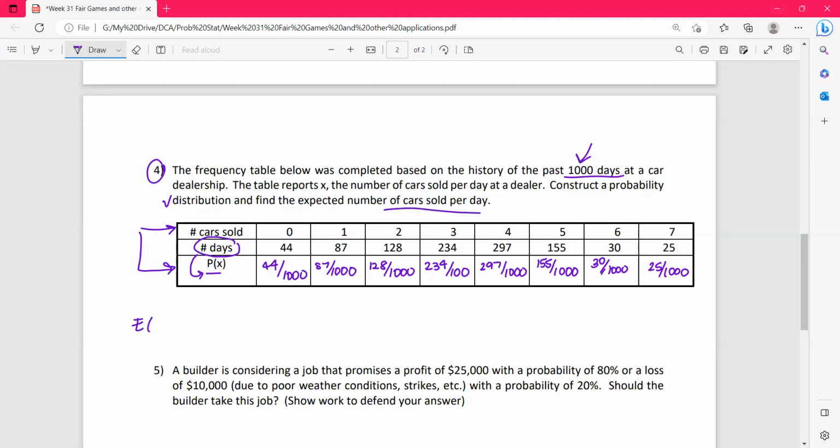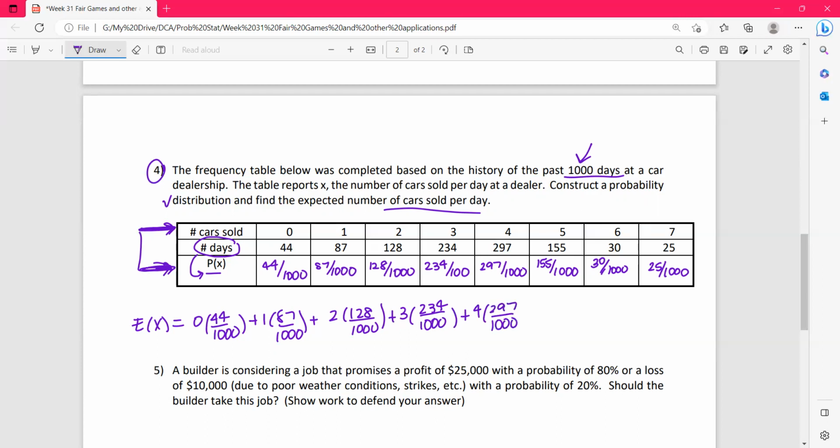So we will find our expected value here using the number of cars sold and the probability. So I'm going to have 0 times 44 out of 1,000 plus 1 times 87 out of 1,000 plus 2 times 128 over 1,000 plus 3 times 234 out of 1,000 plus 4 times 297 out of 1,000 plus 5 times 155 out of 1,000 plus 6 times 30 out of 1,000 plus 7 times 25 out of 1,000.